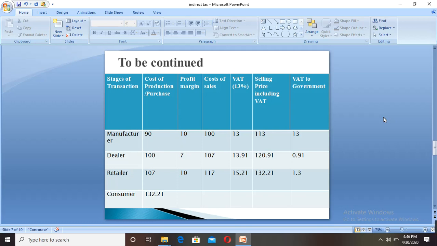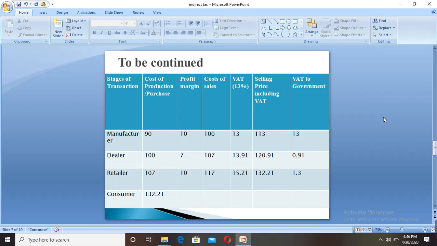The manufacturer has to pay 13 rupees as tax to the government because the government imposes 13% tax on the cost of sales of the manufacturer, and the manufacturer is paying 13 rupees tax to the government.